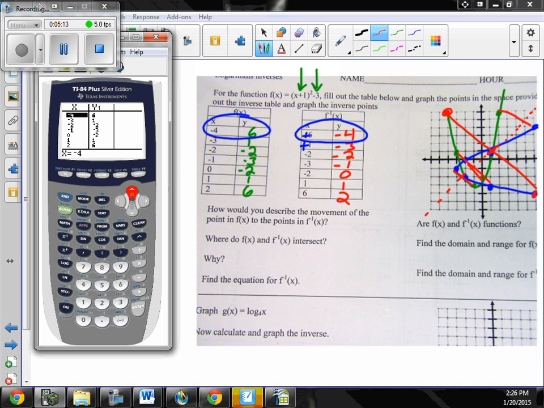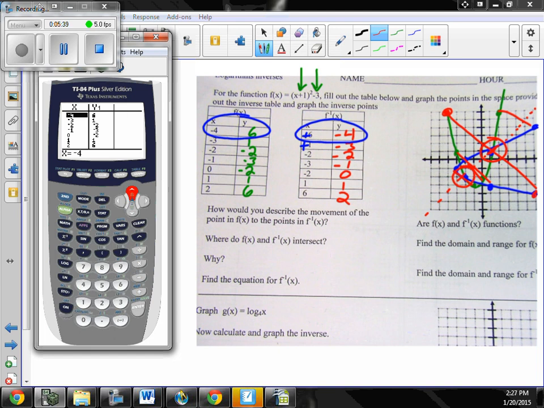Okay, so the next question says, where do f of x and f inverse of x intersect? So there are two intersections, right? There's one here, and there's one here. What do you notice about those two points?